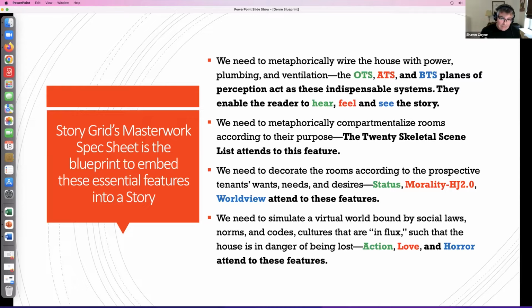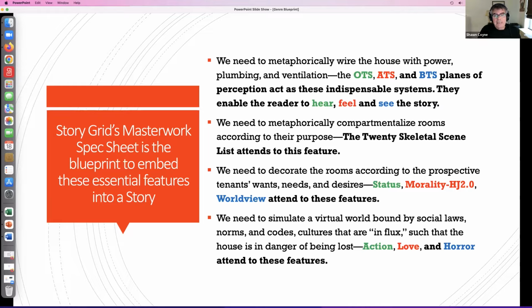So if we want to simulate life, we better know how life works, and life works with these 3 channels. What they also enable is the reader to hear, feel, and see the story in their minds. Each of these has hearing, feeling, and seeing associated with it, which is going to be really helpful for us when we get a little bit confused.